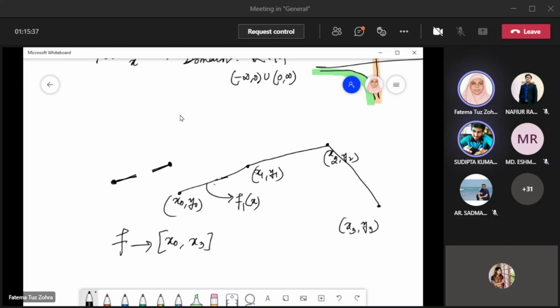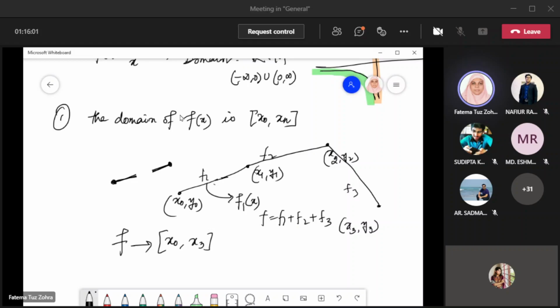So the first condition says that the domain of the function, domain of f(x), that means the whole function f1, f2, f3. So f is the addition of f1 plus f2 plus f3, from the starting point to the ending point. The domain of the function is valid for the whole length of the given set of data points.